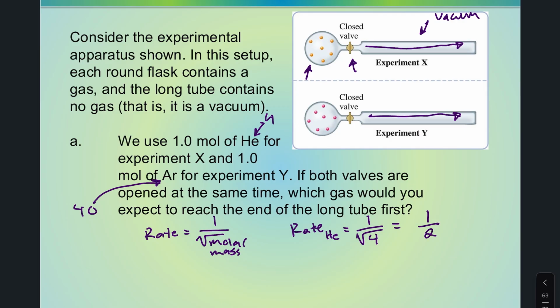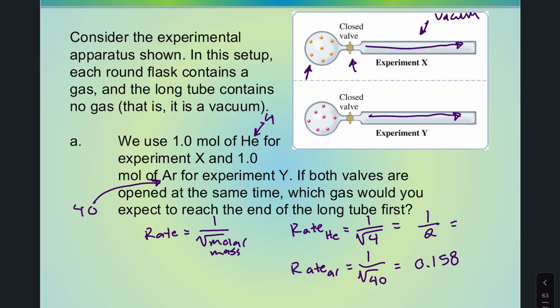And then we have the square root of 40 for the other one. So the rate of Ar equals 1 divided by the square root of 40, which is equal to 0.158.